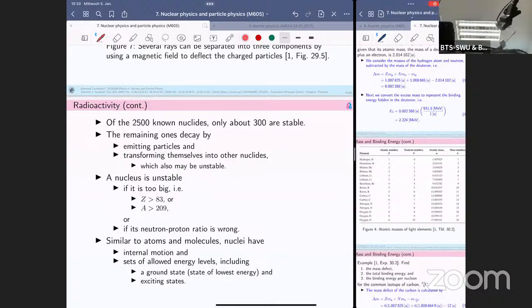A nucleus is unstable if it is too big. If the nucleus contains too many nucleons, it is not going to be stable. For the case where the atomic mass is greater than 209, for the big elements, you would not have a stable nucleus either. If the neutron-to-proton ratio is not appropriate, the nucleus will vanish.